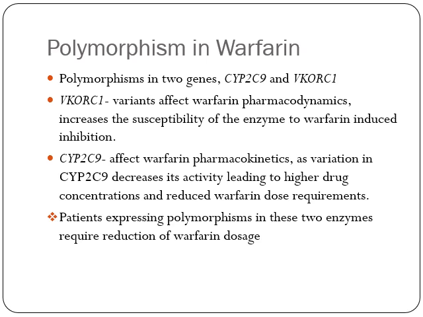The thing which I was telling you: polymorphism in warfarin. There can be polymorphism in either of these two enzymes, CYP2C9 or VKORC1. VKORC1 is related to the effect, so this will affect warfarin pharmacodynamics, while CYP2C9 is involved in the metabolism process, so it will affect warfarin pharmacokinetics.